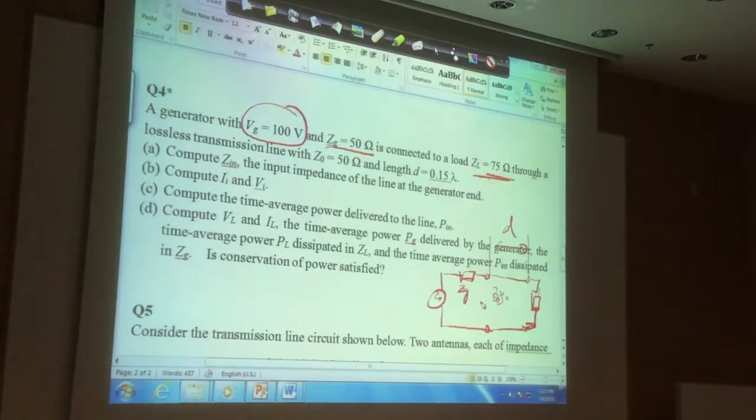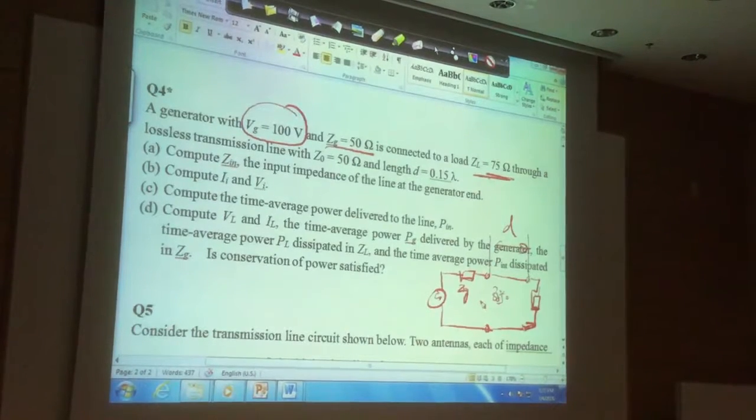Where is the input impedance? On the input impedance of the line at the generator end. Generator end is here, okay? This is the load end, right?